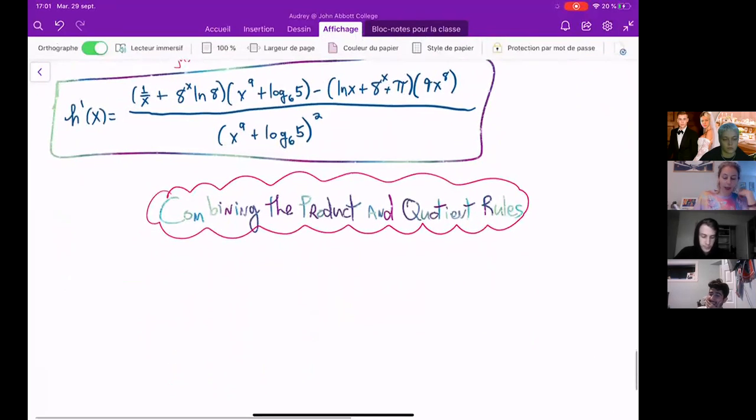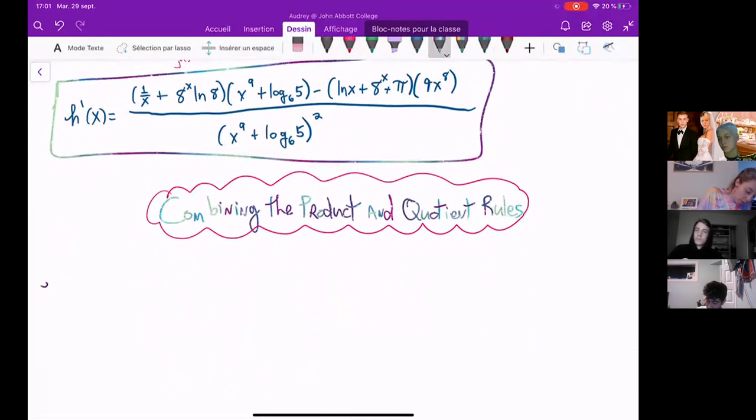All right, okay, so we're gonna do one first example that I'm gonna call f of x.